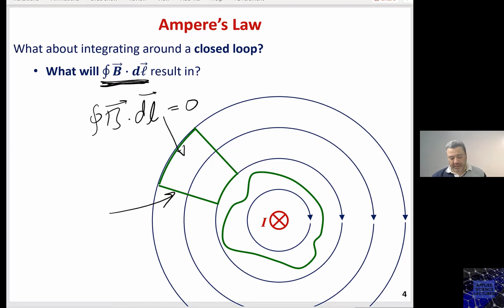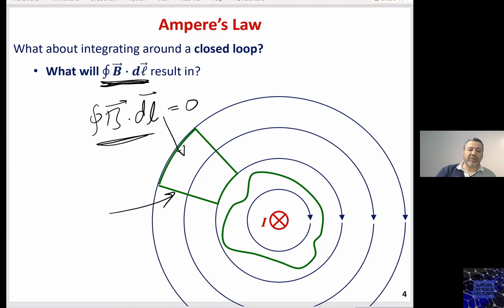So how do we look at it? We look at the path regardless of this path. If this path is a closed path and this path encloses currents, then this integral has a value.